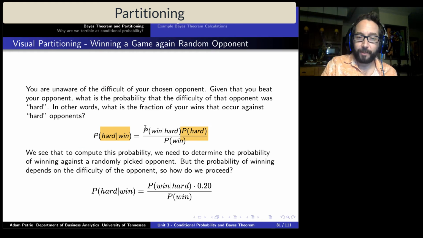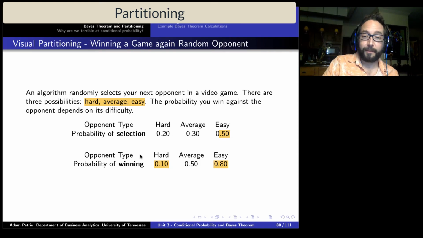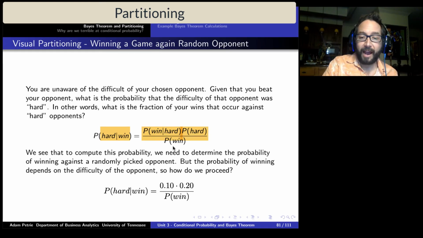Then what we do is we multiply that by the probability of winning against a hard opponent. So given the opponent's hard, what's the probability you win? That's no problem at all. If the opponent's hard, you have a 10% chance of winning. And now is where we're going to frown a little bit. We need to know the unconditional probability that we would win a game.